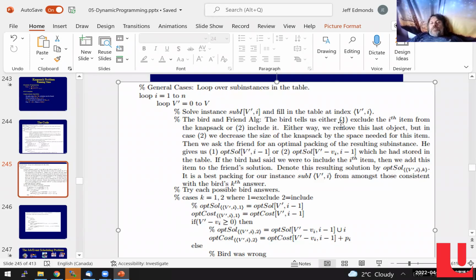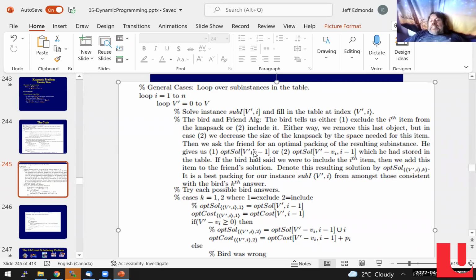All right. So she's going to answer something, right? And let's say she answers exclude it. If she answers exclude it, then I'm going to delete the ith object. She told me the ith object's not in the solution, right?